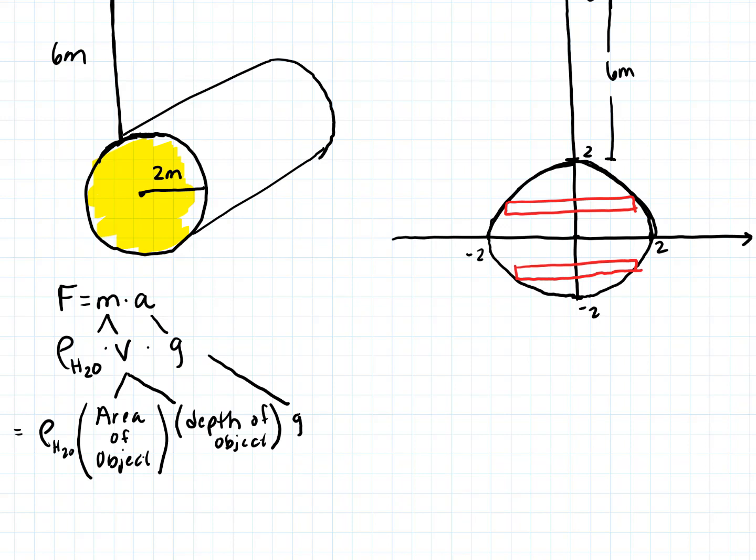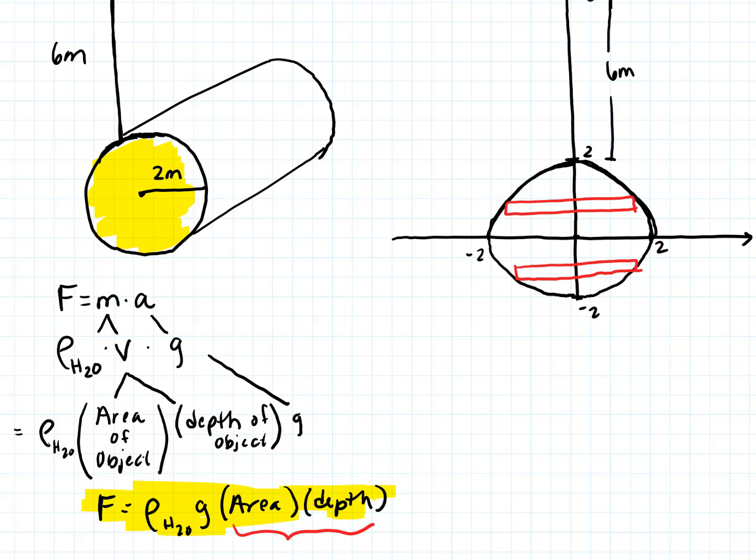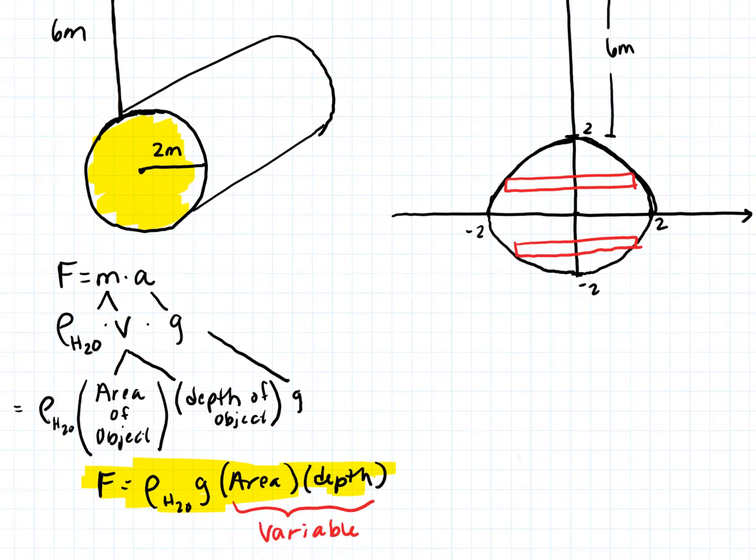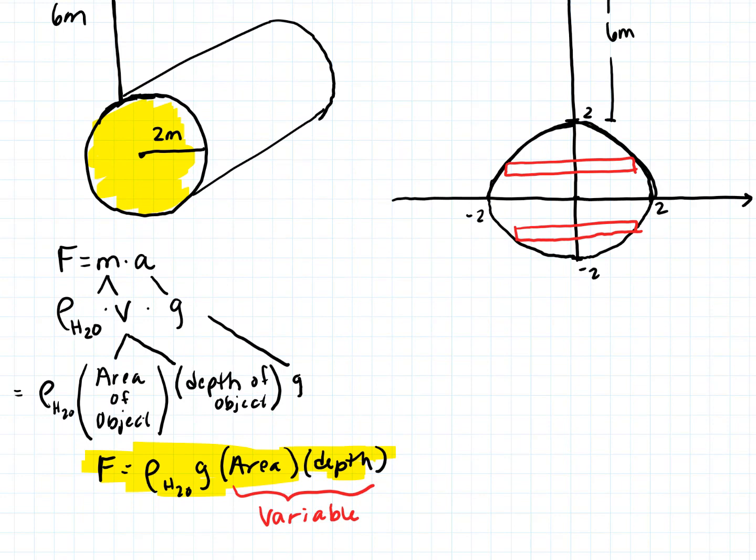Okay, so our force boils down to rho, density, times gravity, times area, times depth. So we keep that formula in mind every time we're doing one of these hydrostatic force calculations, and these pieces are variable in the scenario, which is why we're going to get an integral.